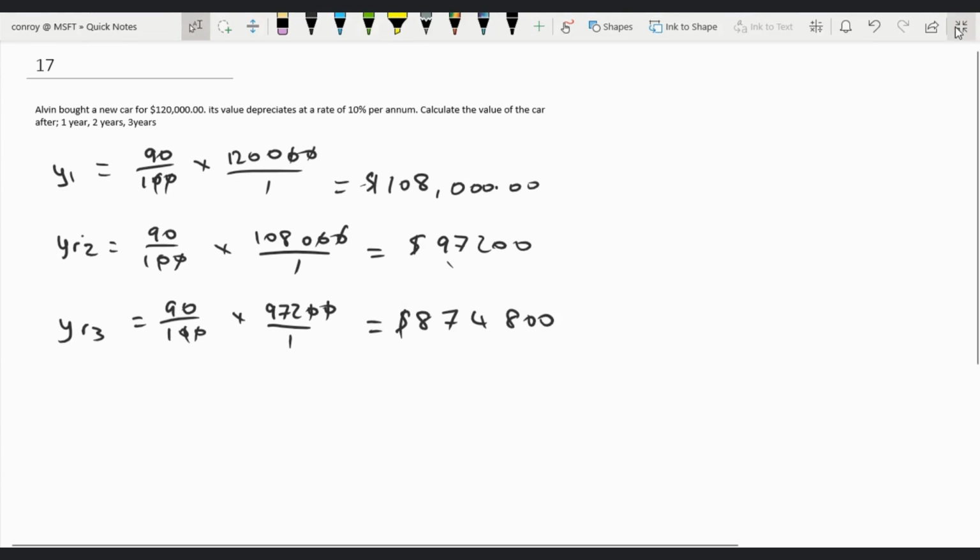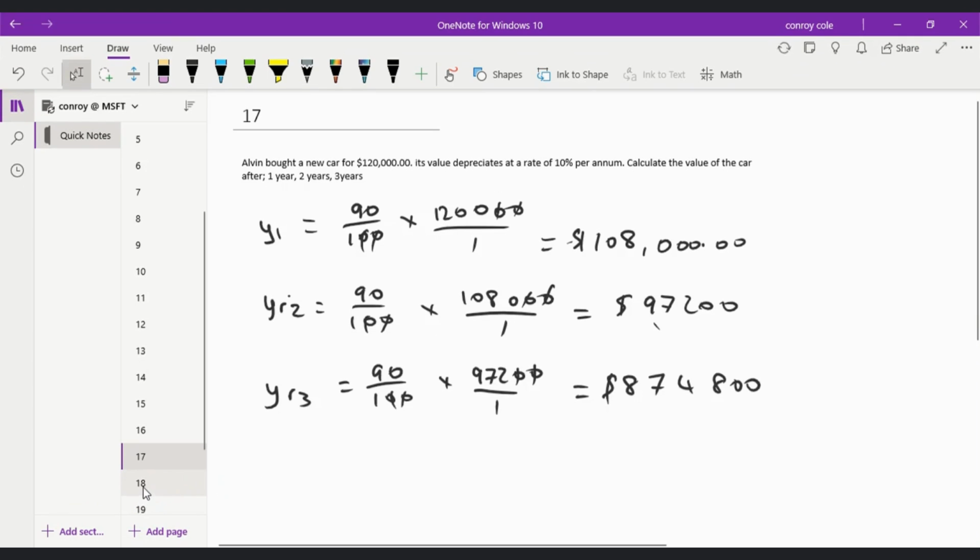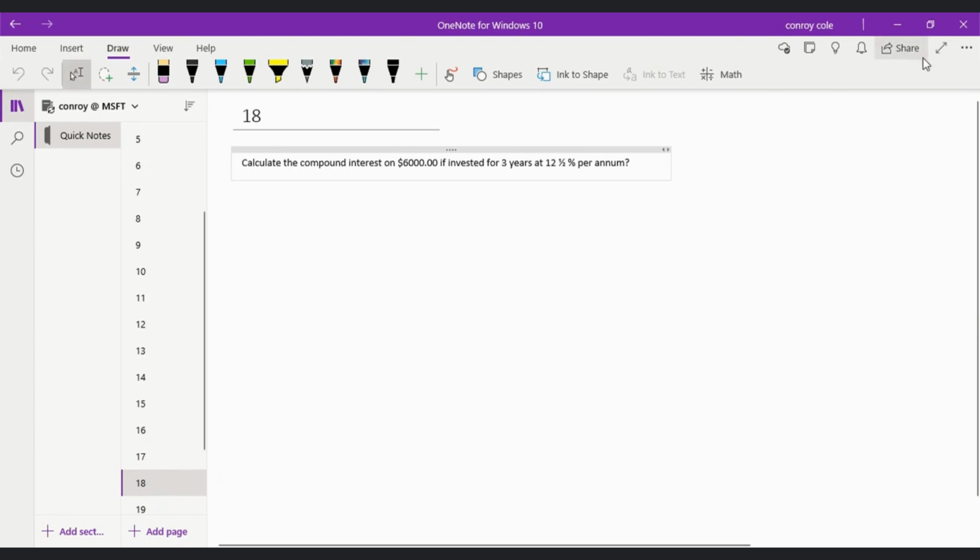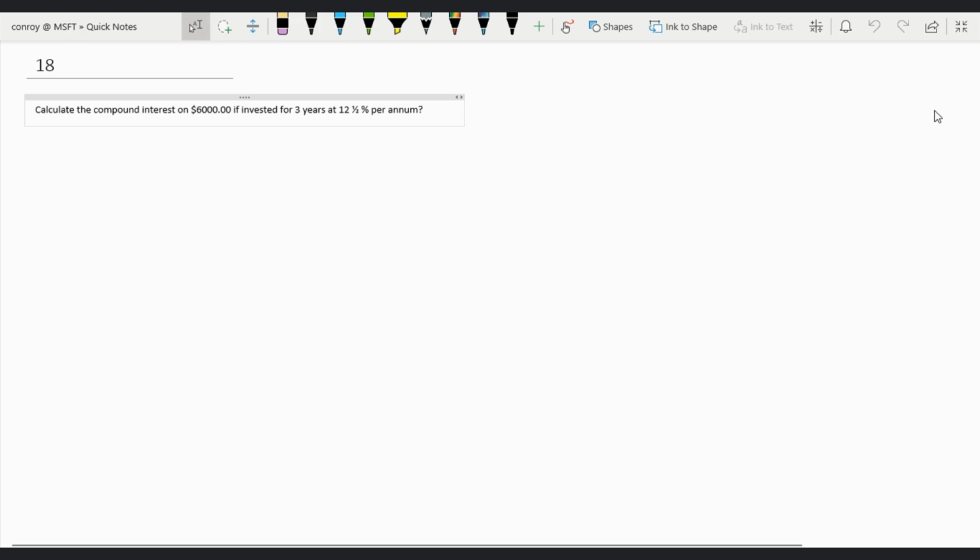All right, moving on to our next question, which asks us to calculate the compound interest on $6,000 if invested for 3 years at 12.5%. Some person might say the 12.5 is a fraction, but we still have to apply the amount formula.